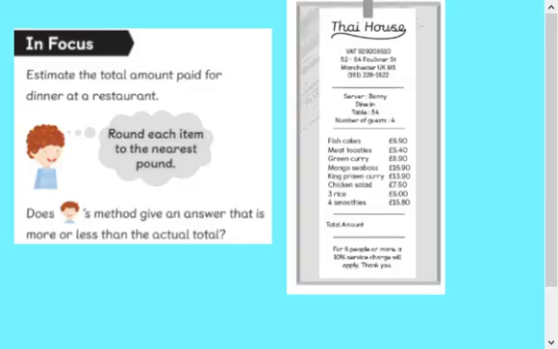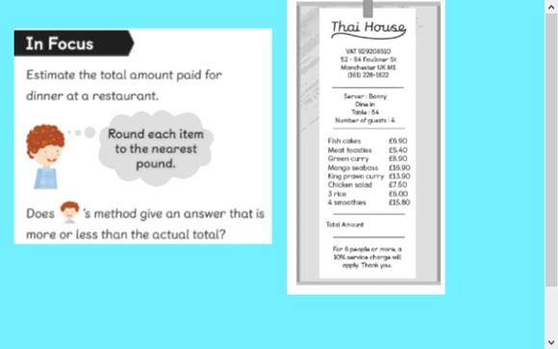Okay, our InFocus task this morning is that we have to estimate the total amount paid for dinner at a restaurant. And the little chap here is thinking, I must round each item to the nearest pound. The most important thing is that word estimate. Now, we are not looking for exact amounts here.